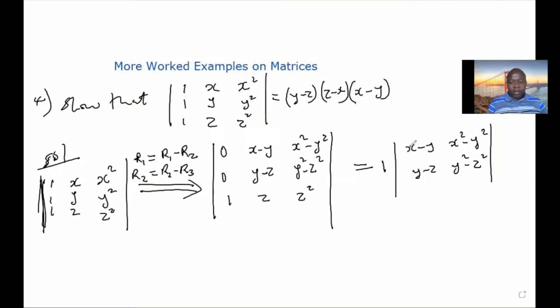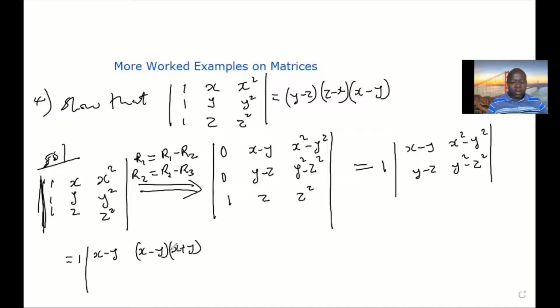Now let me just simplify this. This is the same as 1 into. I can try to simplify this. This is x minus y, and this will be x minus y, x plus y.